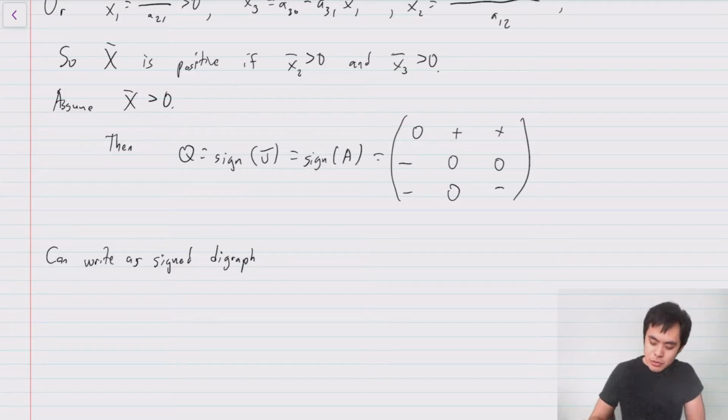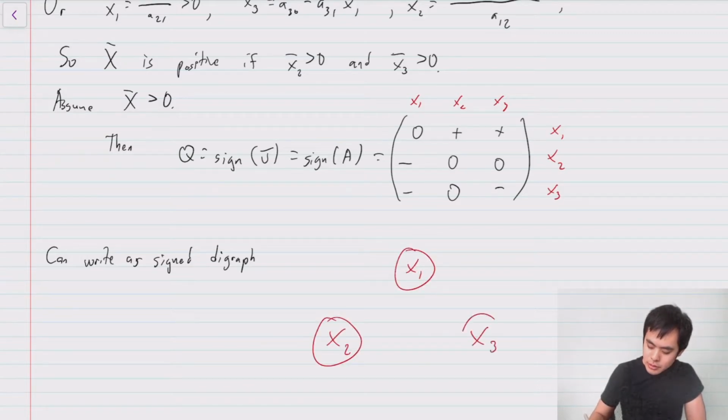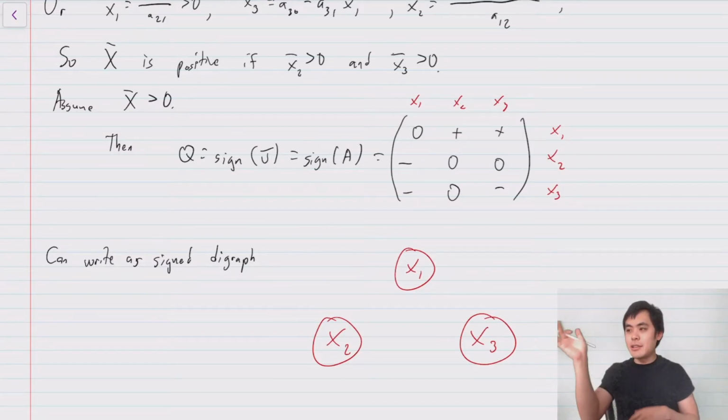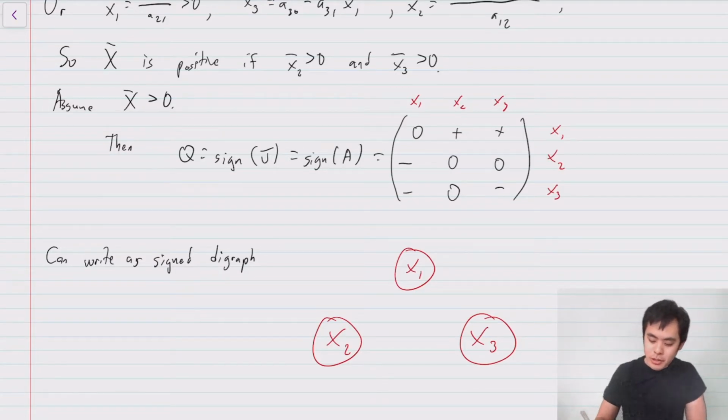So here I'm going to call the nodes x1, x2, and x3. And like the life cycle graph, I'm going to draw an arrow for each column, from that node to all the other nodes in that column. So for the first column, it's going to be minus and minus.